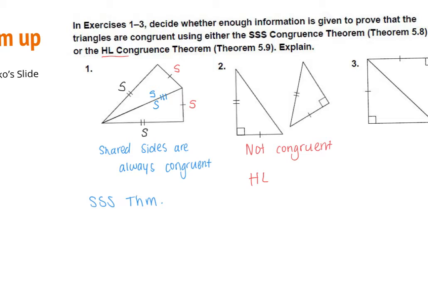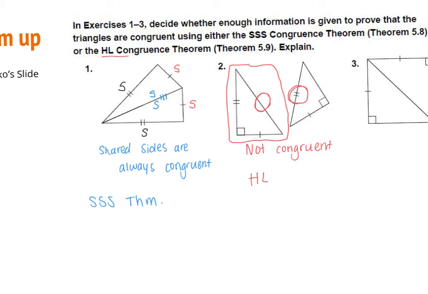Now, what do we know about the hypotenuse in the first triangle, in this one that I just boxed in? No. So automatically, we know that they're not congruent because we need to know something about this hypotenuse, right? Because we know something about the other hypotenuse, right?